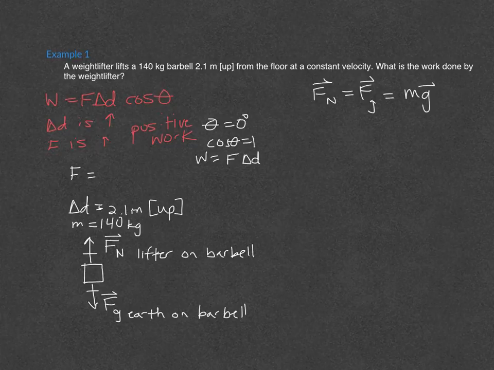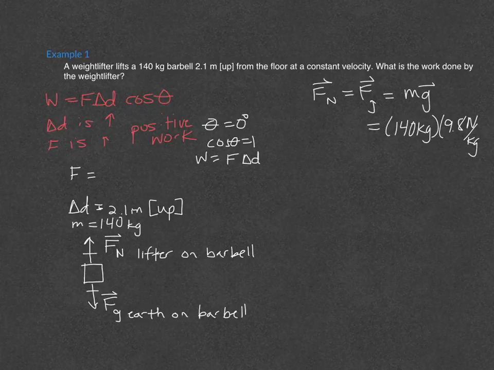You can grab your calculator and do this on your own, but we will just put in 140 kilograms, and then we'll use the gravitational field strength, which is 9.8 newtons per kilogram, or you might use meters per second squared. If I do that calculation, I get that my force lifting that barbell up, equal to the force of gravity, is 1,372 newtons.